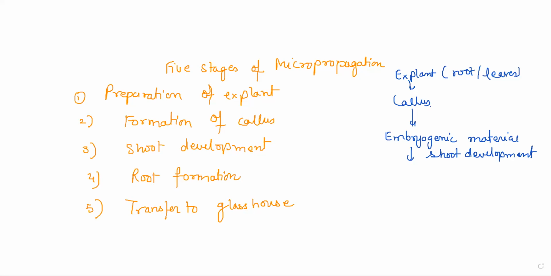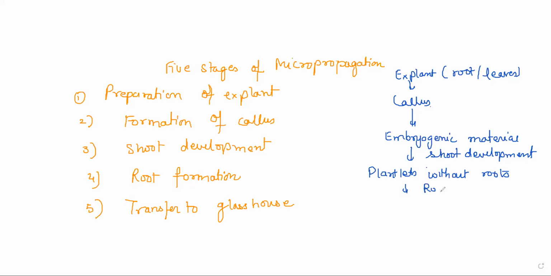So after embryogenic material is formed, there is a development of the shoots. So there is a shoot development. Then the plantlets are here. They are here without the roots.